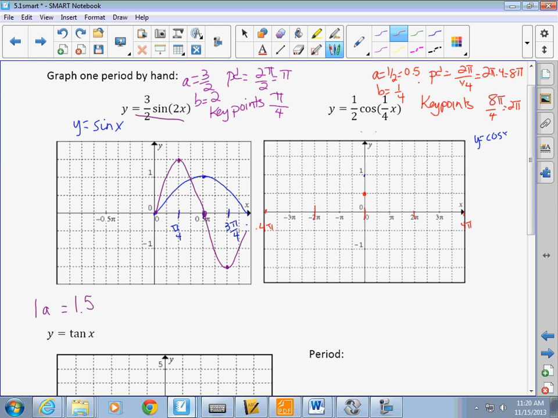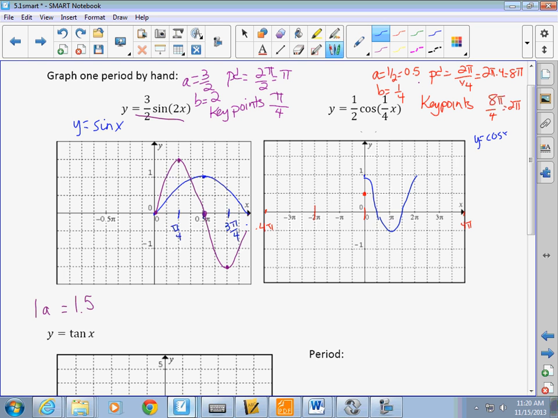This is one whole cycle because it's 8 pi. Y is equal to cos x would be 2 pi. So normally this graph, the blue graph, would be like this. Oops, I got my point wrong there. So that would be normal.